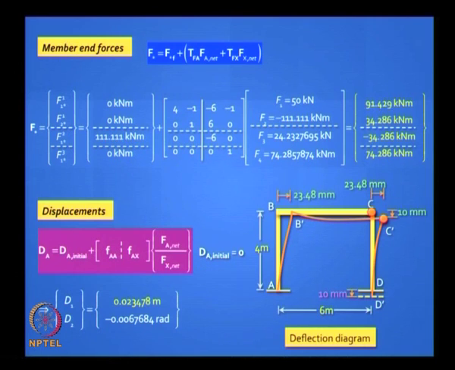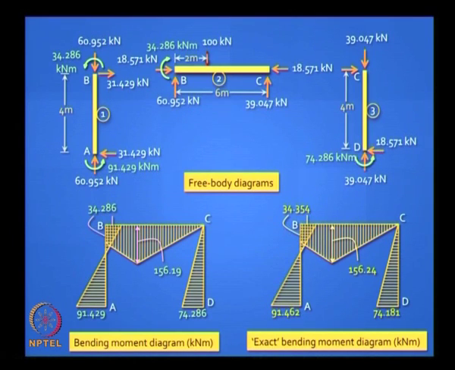Proof of the pudding is in the eating, which means the answers should match, completely different methods and same answers. Finally, your free body diagrams, bending moment diagram, compare these two diagrams, exact with axial deformations and without axial deformations. It is all the same, I mean you are making errors in the decimal places, not worthwhile doing it.